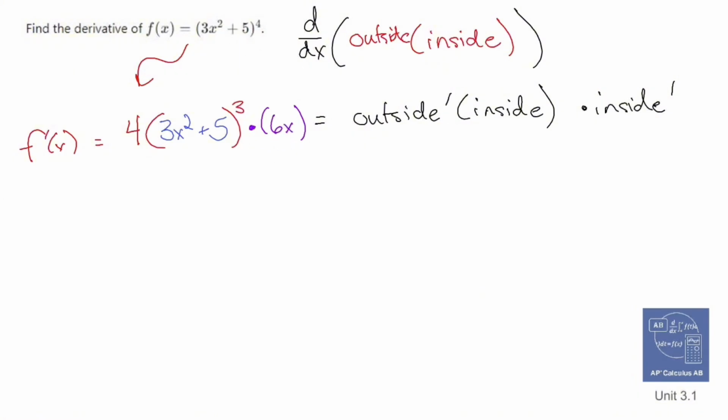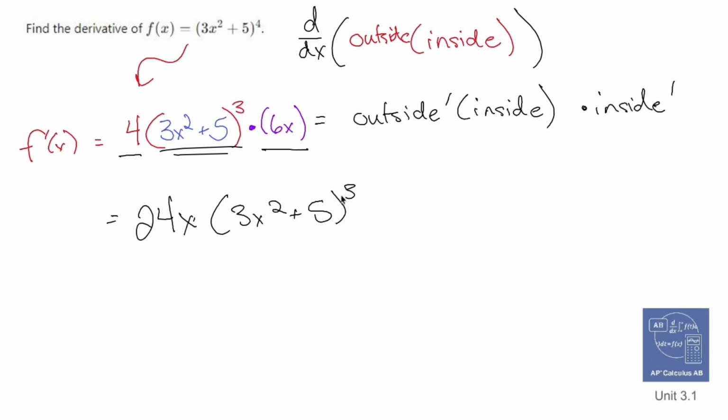Now the last thing that I want to do is mess with this stuff to the third power. I'm not going to use the Pascal's triangle binomial mess that you learned in pre-calc. No thank you. I'm going to leave that the way it is. But what I'm going to do is multiply 4 to 6x, giving me 24x. Then I'm going to multiply that 3x squared plus 5 all to the third power.